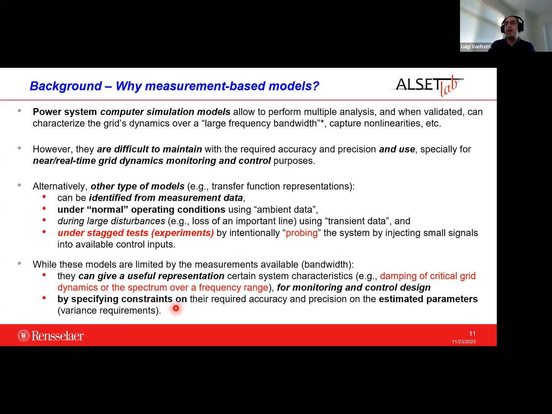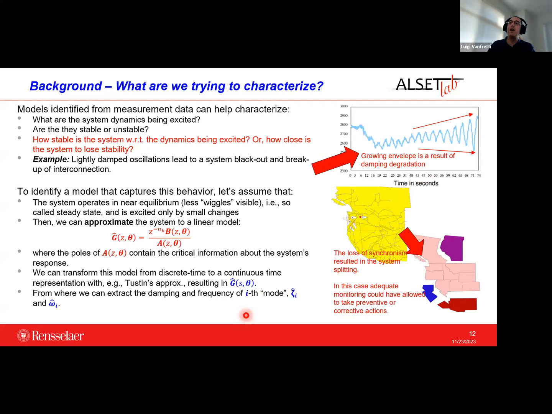And we can do this even better thanks to SysID by specifying constraints on the accuracy and the precision of the estimated parameters. And that is via specifying, what's it called? Variance bounds.